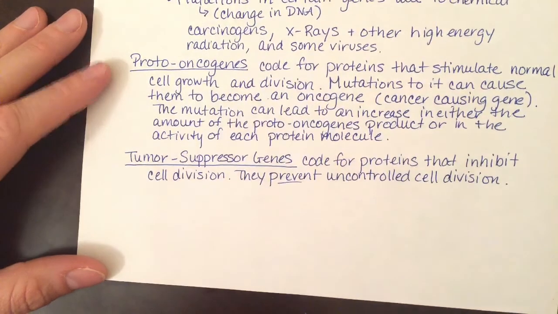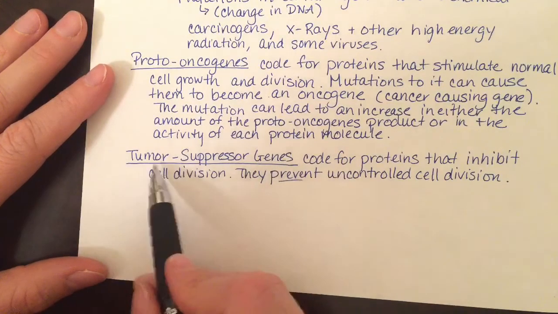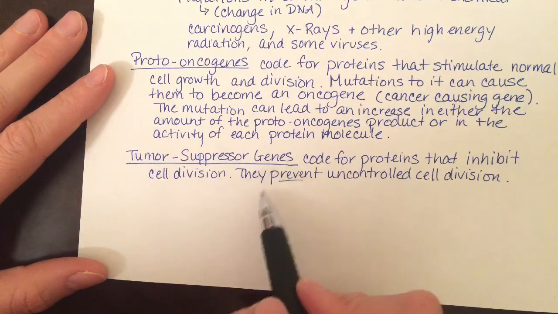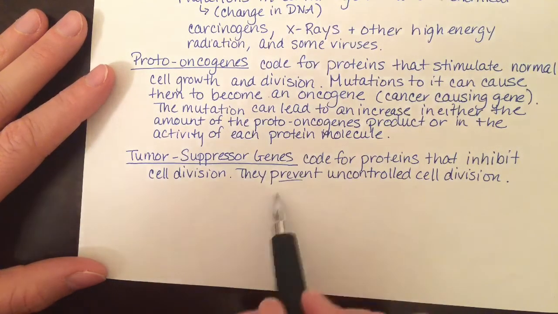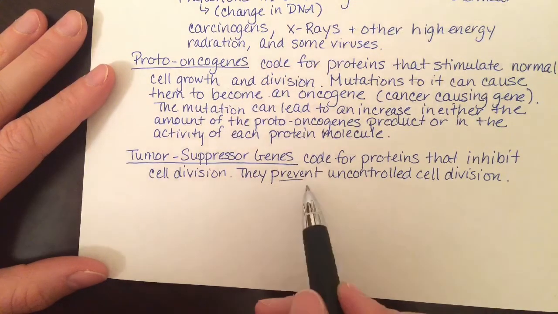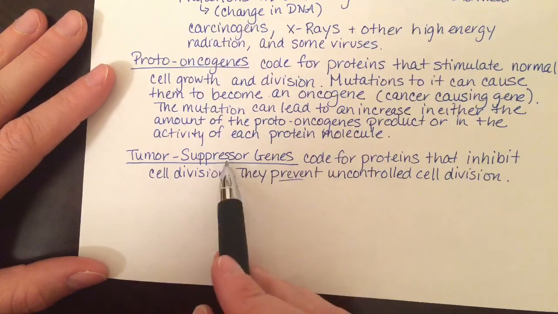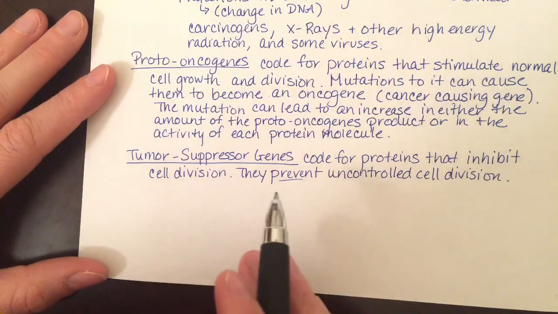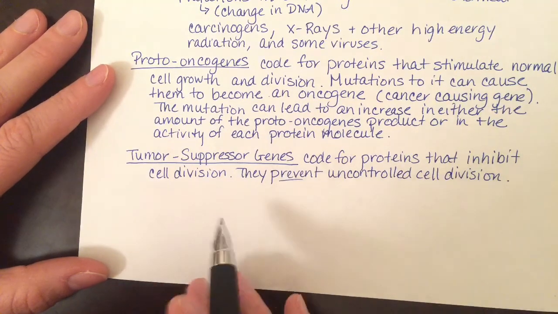So let's talk about what happens with cancer cells. You can see that if one of these genes is mutated, that's going to decrease the activity of this gene, which may cause the cell to divide. It's going to grow and divide because it's not being suppressed. Because this suppresses, it stops cell division. So if this is mutated, then the cell isn't stopped and therefore can divide anyway when it probably shouldn't.